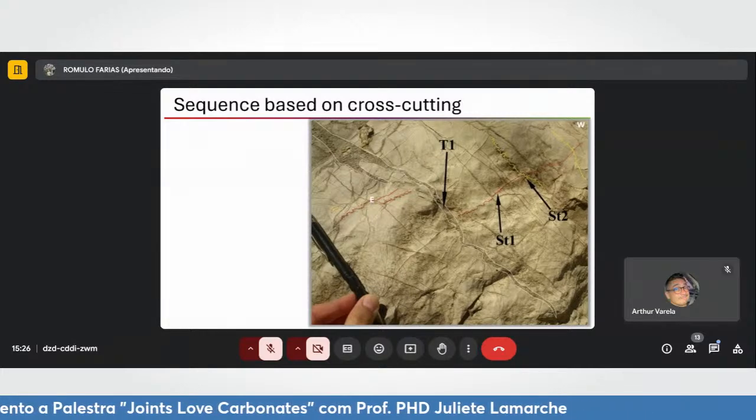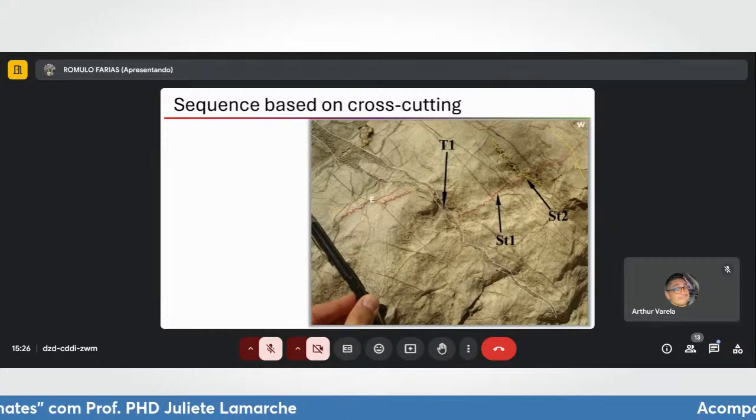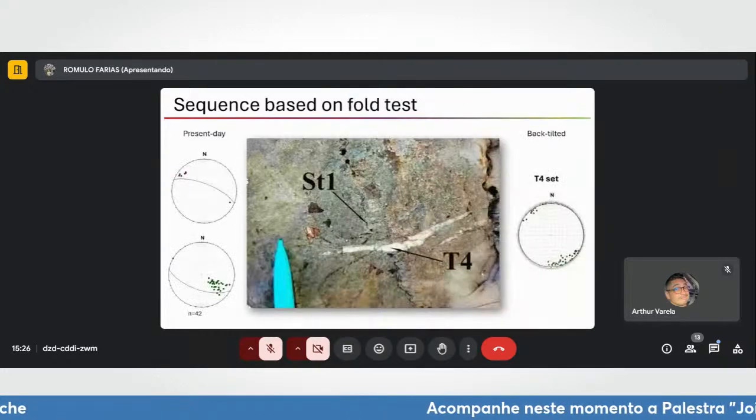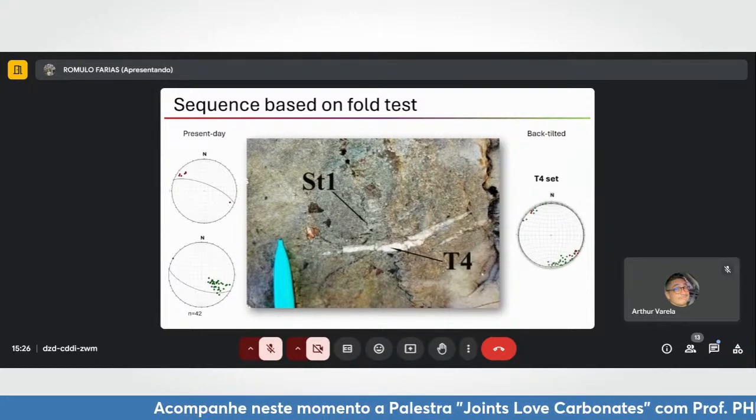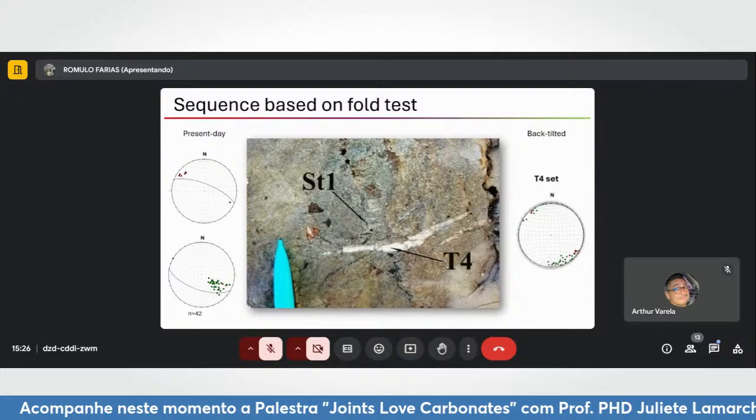And then we have a tectonic stylolite here, which cuts the previous one. So couple after couple of structures, we could build a sequence, and the sequence was tested with the fold test.